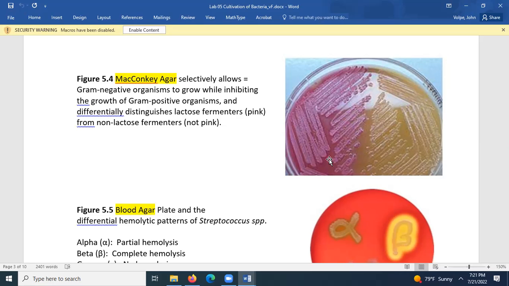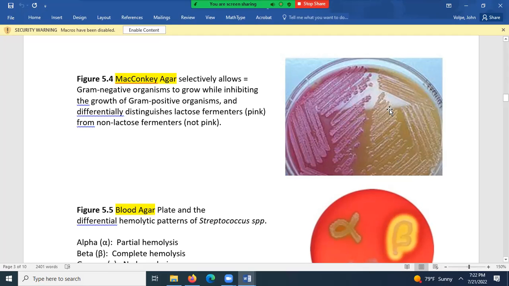For MacConkey's it is. And then if it grows on the MacConkey's agar, you can then differentiate between a lactose fermenter, which makes the cells stain pink, and then one that is a non-lactose fermenter, meaning it cannot ferment the sugar lactose, and then the coloration will not be pink.